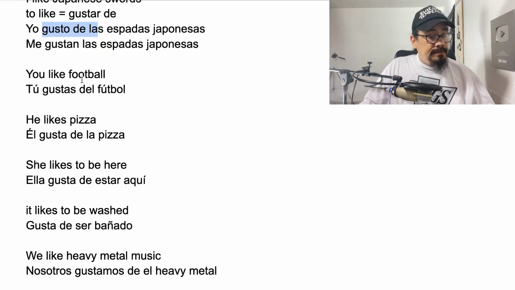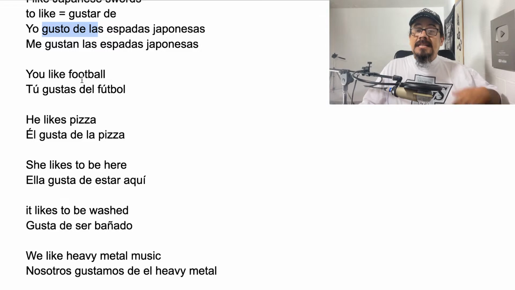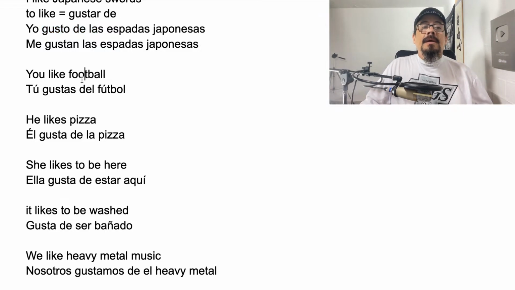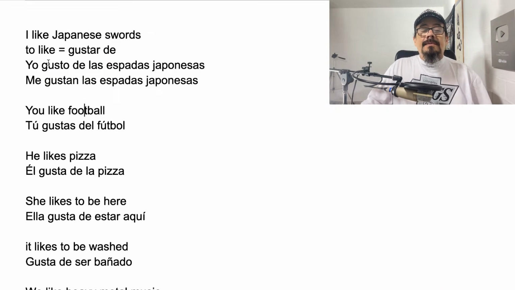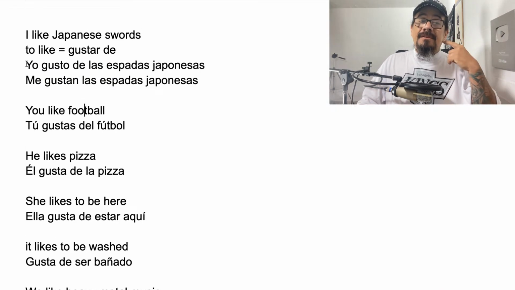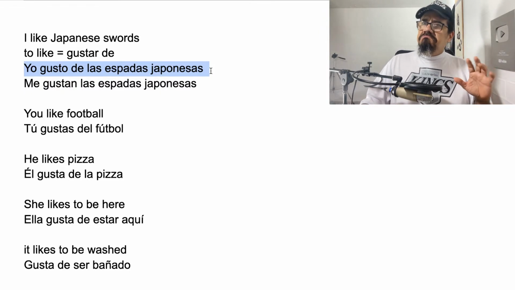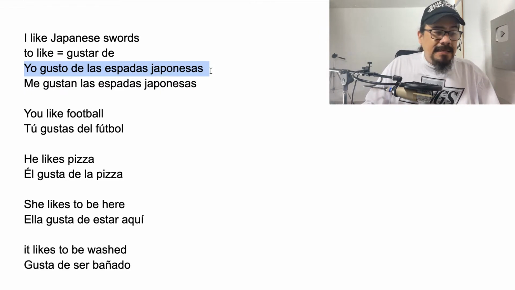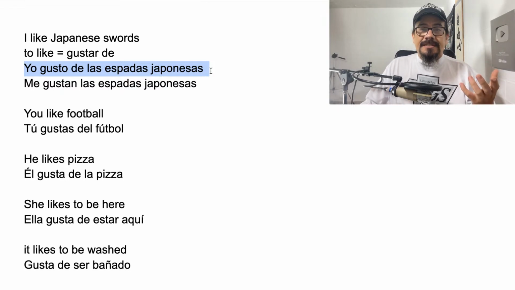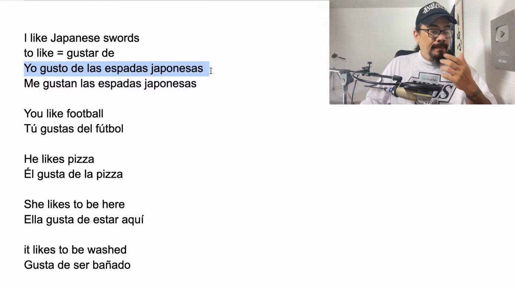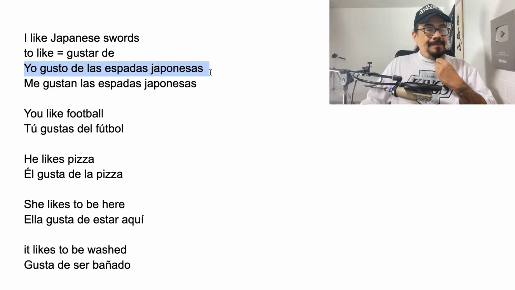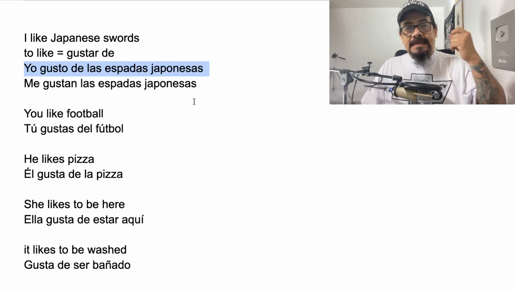If someone says, yo gusto de las espadas japonesas, I understand. It sounds weird, it doesn't sound natural, but I understand. But we say, me gustan las espadas.